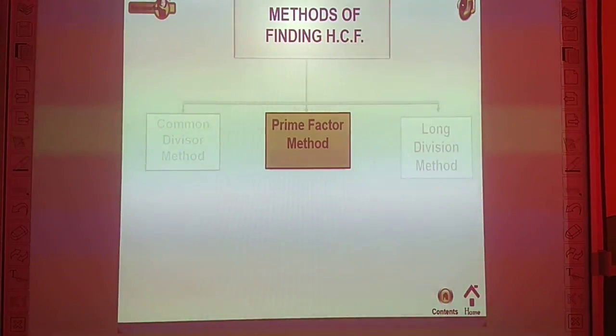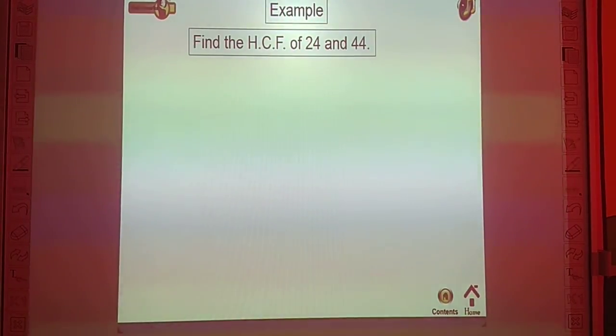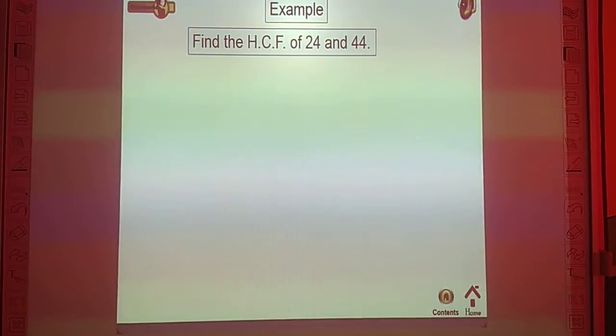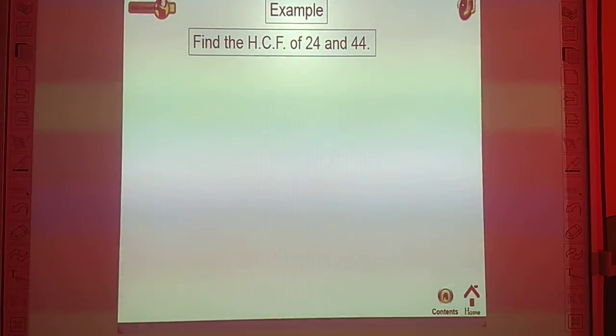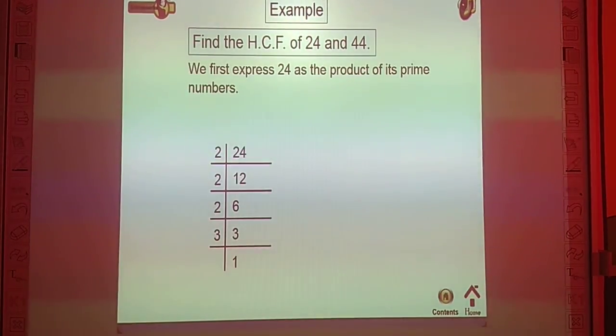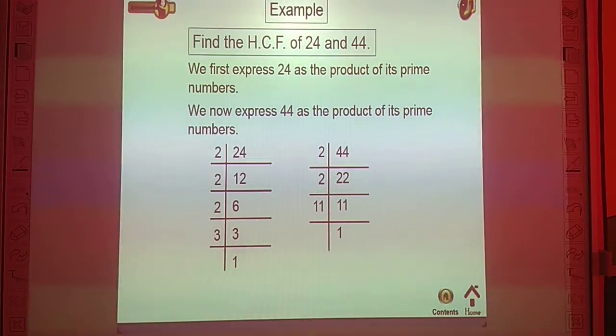Prime factor method. Let us find the HCF of 24 and 44 by the prime factorization method. For this, first we express 24 as the product of its prime numbers as shown. In a similar way, we express the number 44 as the product of its prime numbers.